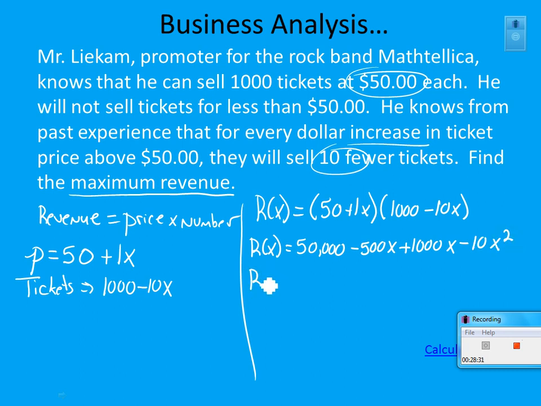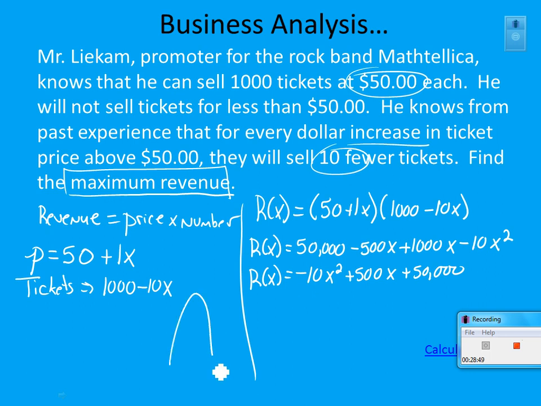And if I simplify this, I've got negative 10x squared plus 500x plus 50,000. Well, we want to maximize it, and it's a parabola opening down, so we know it has a vertex. So get the vertex, the opposite of b, over 2 times a, negative 20. So I'm going to get x to be 25.